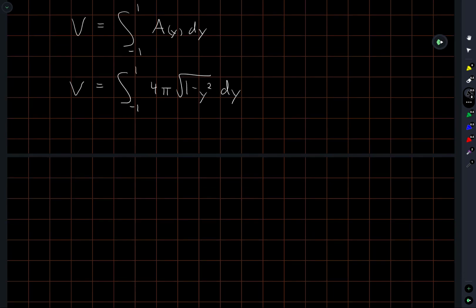Now it's just a case of trying to remember the appropriate substitution to make for this type of square root thing. It looks like something trigonometric, perhaps, right?